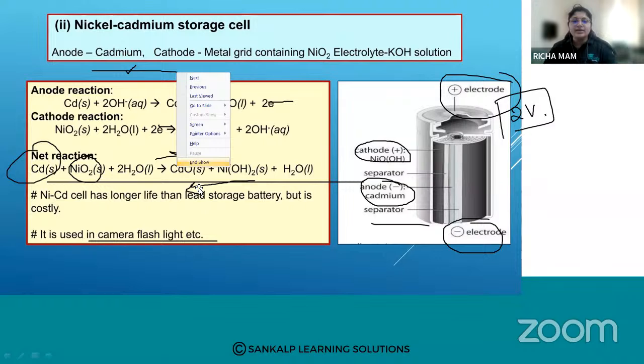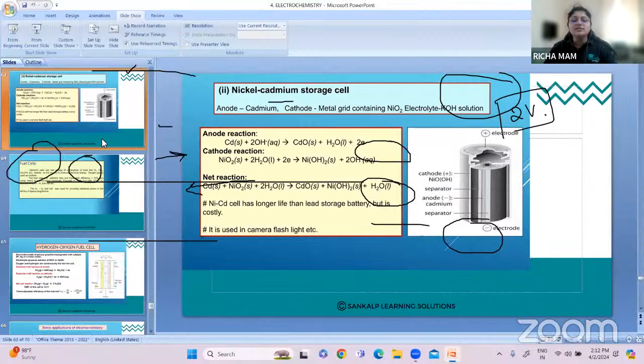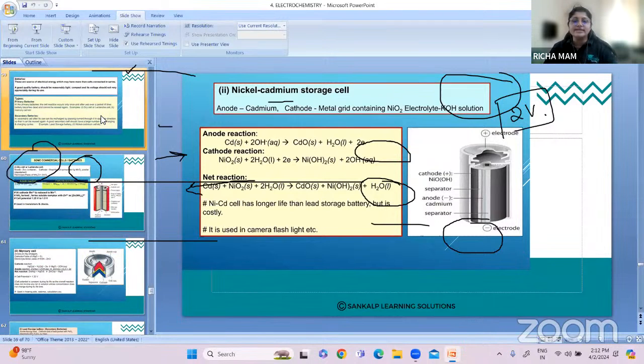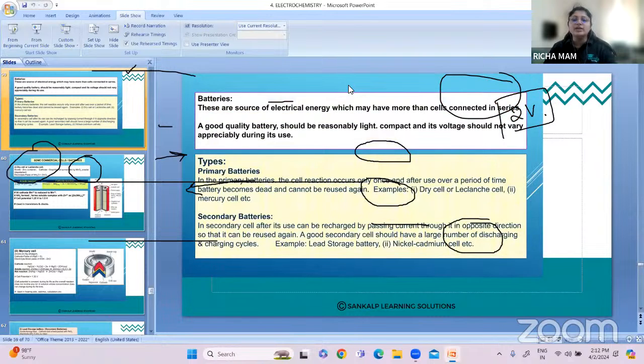Is it clear? Yes. So these are the batteries. What are the types of batteries and their examples? This is very important from the exam point of view: the dry cell and the lead storage battery.